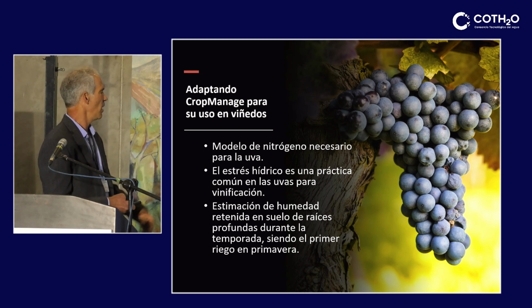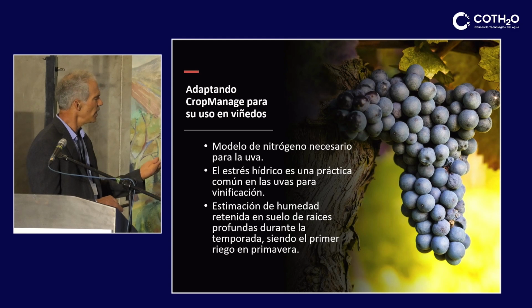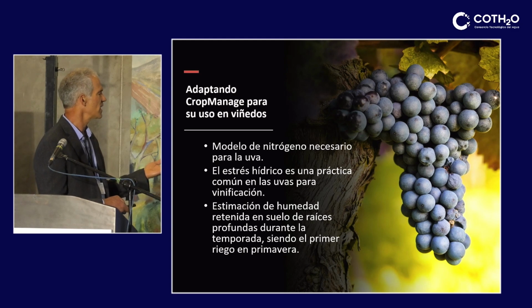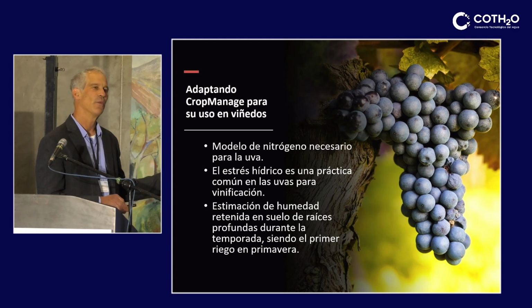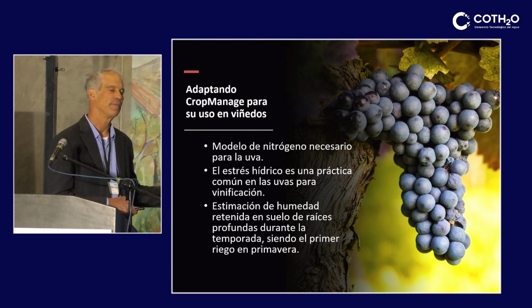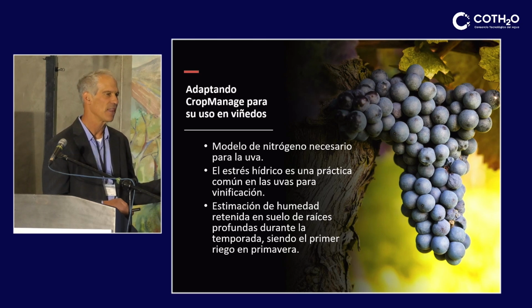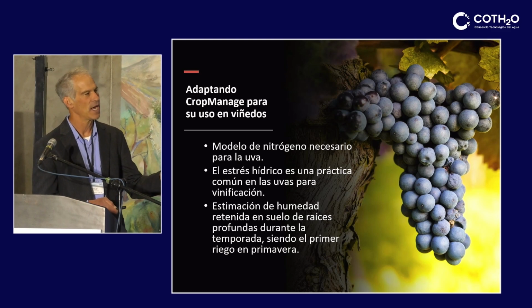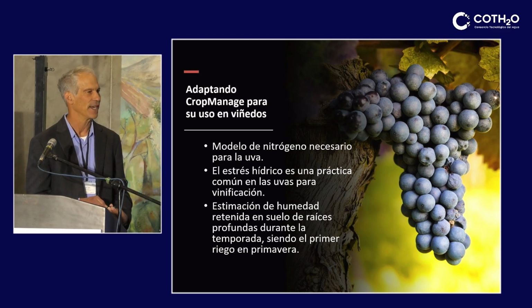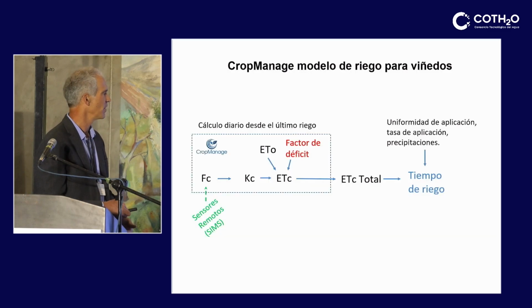And also, something else important for growers is estimating how much soil moisture they have in the springtime in California, so they can decide when they should start irrigating, when should be the first irrigation. So we started thinking about all this.